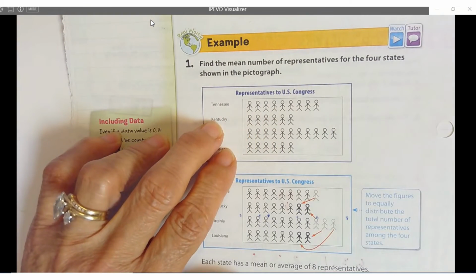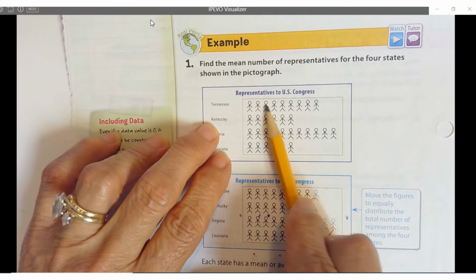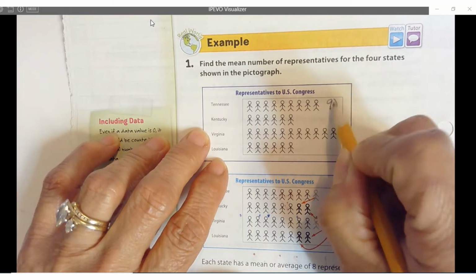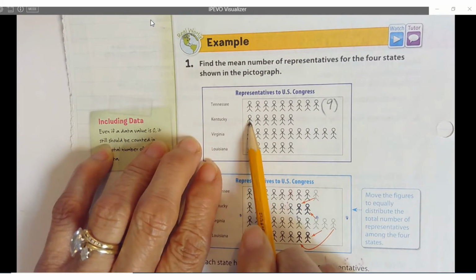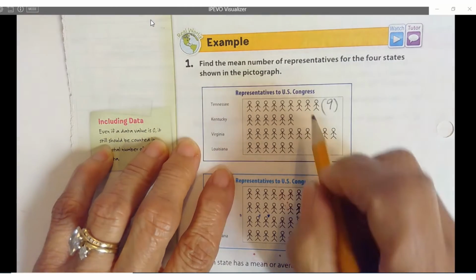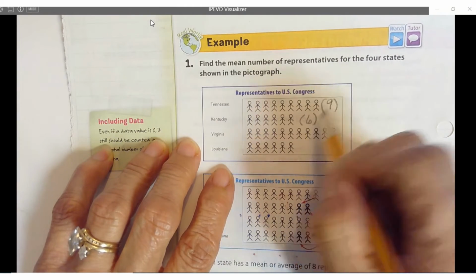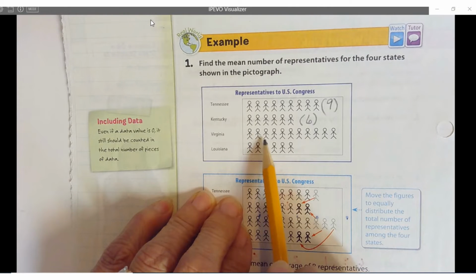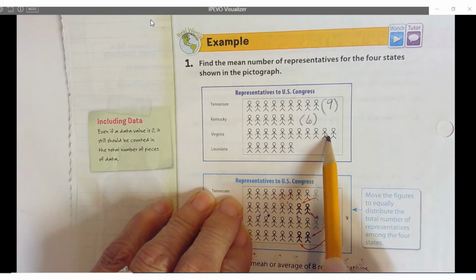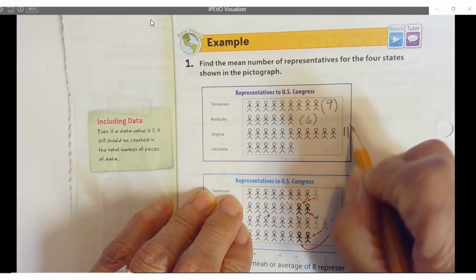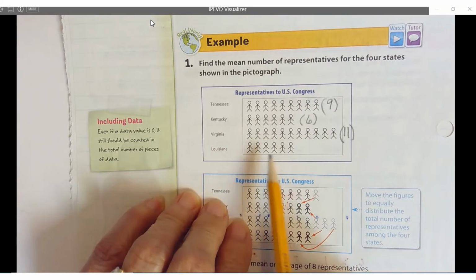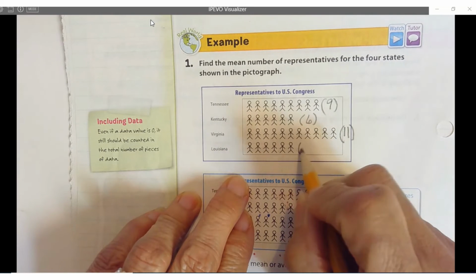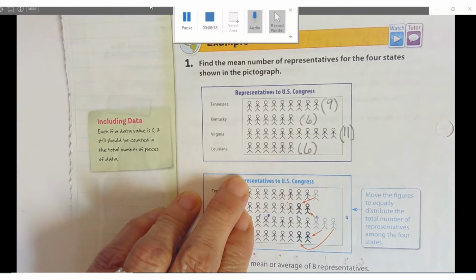We have 1, 2, 3, 4, 5, 6, 7, 8, 9 for Tennessee. 1, 2, 3, 4, 5, 6 for Kentucky. 1, 2, 3, 4, 5, 6, 7, 8, 9, 10, 11 for Virginia, and 1, 2, 3, 4, 5, 6 for Louisiana.